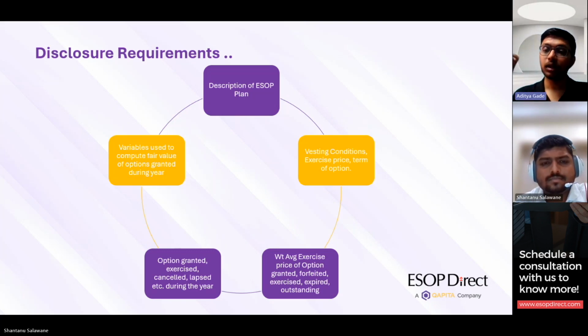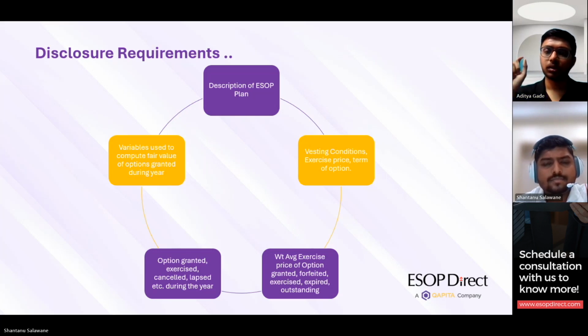Why it is critical is that it shows what the cash inflow for the company would be in future. Let's say exercise price in India, as I told earlier, we can't issue options at 0 rupees exercise price. So let's say I grant an option at 10 rupees, which is the face value of the entity.